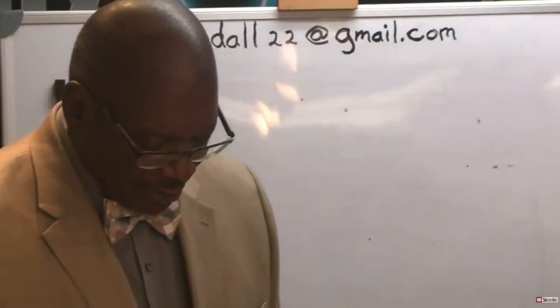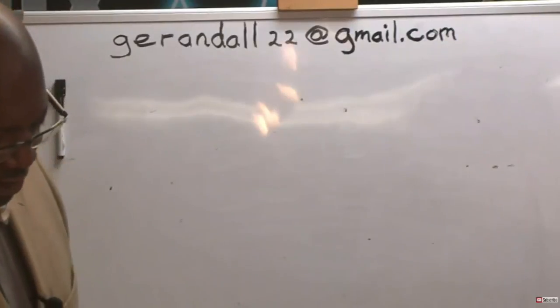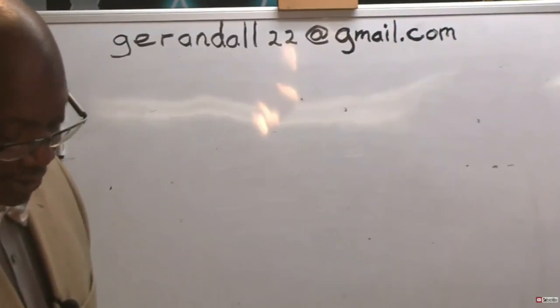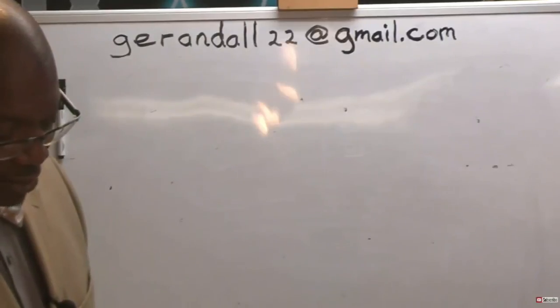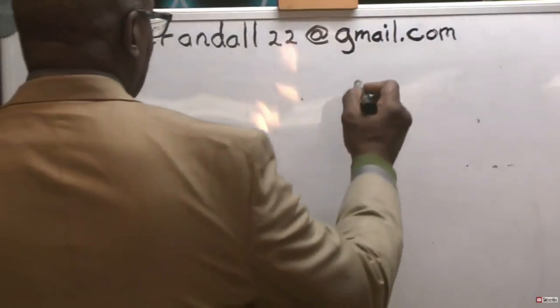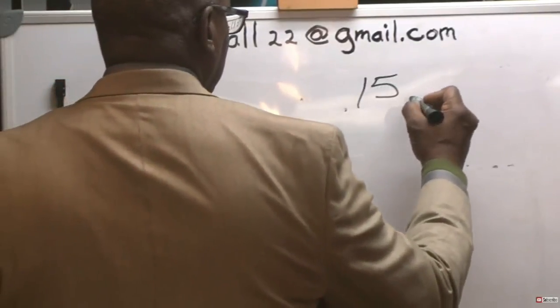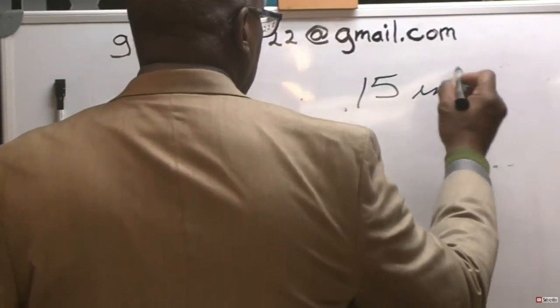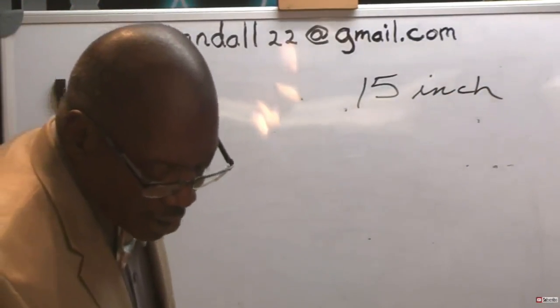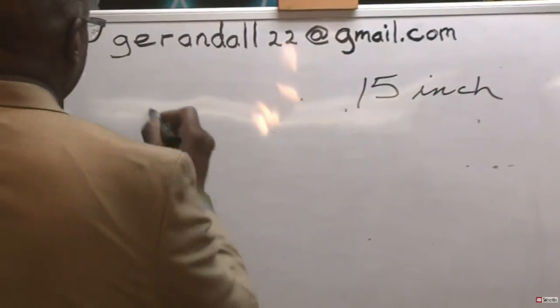How many pieces of ribbon, each measuring 15 inches, can be cut from a ribbon that's 6 1/4 feet? We got some conversions. We got 15 inches. We've got 6 1/4 feet.